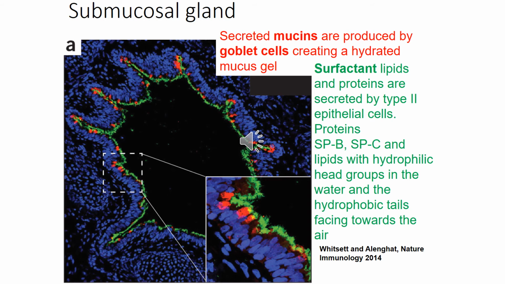We'll come back to that. The proteins in surfactant are SP-B and SP-C, and the lipids have a hydrophilic head group which is sticking in towards the mucus, but lipophilic tails which are hanging out in the air.